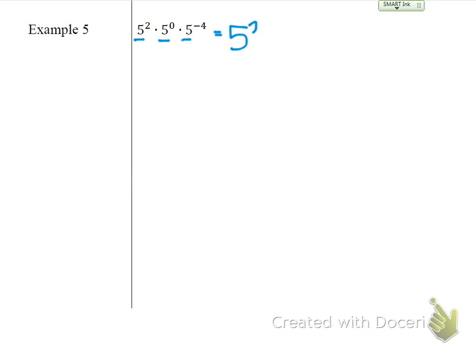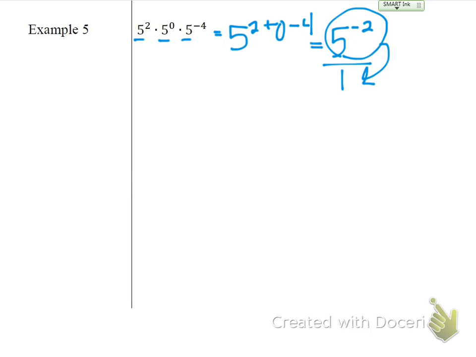So this is 2 plus 0 plus negative 4. So that would actually be minus 4. So that's going to give me 5 to the what? Negative 2. Now, is this simplified all of the way? No, because there's a negative exponent. So what I do is I put the whole thing over 1, and then I'm going to move that negative.